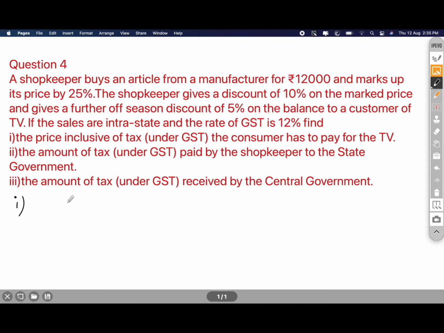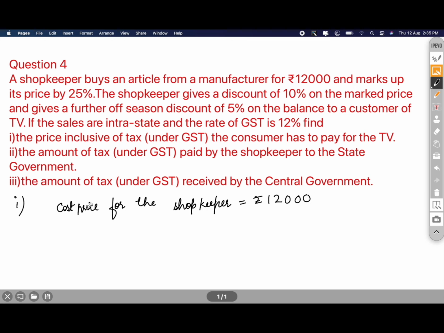Right? So cost price for the shopkeeper equals rupees 12,000. Right.